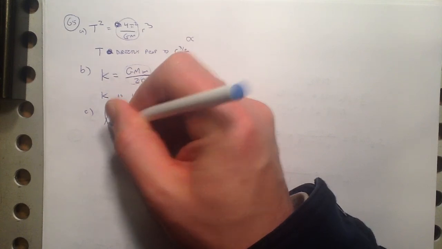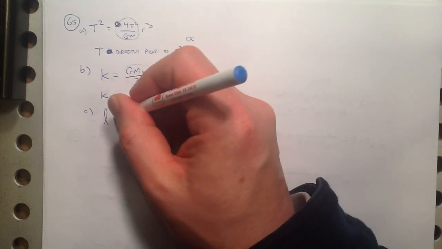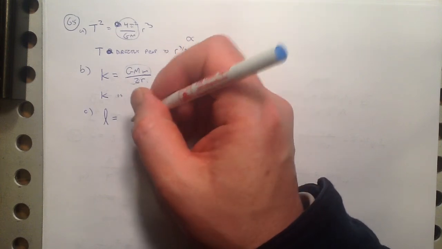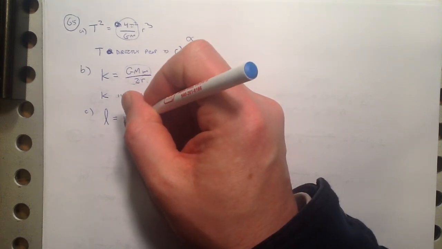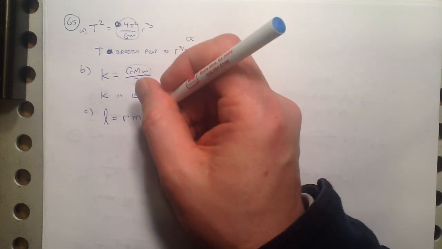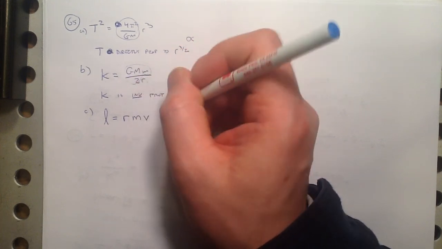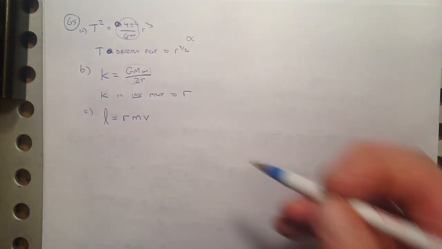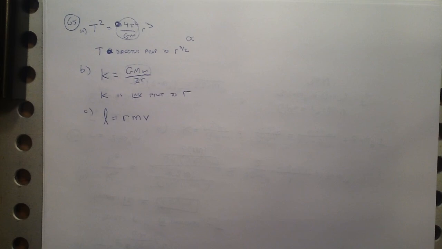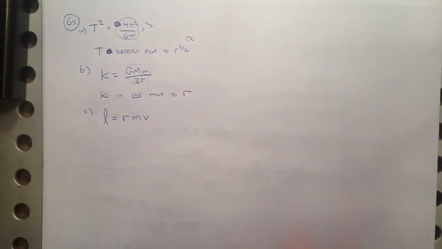So I'm going to use small l, and say that its angular momentum would be equal to r times m times v times the sine of theta. But if it's in a circular orbit, that angle is always going to be perpendicular, right?